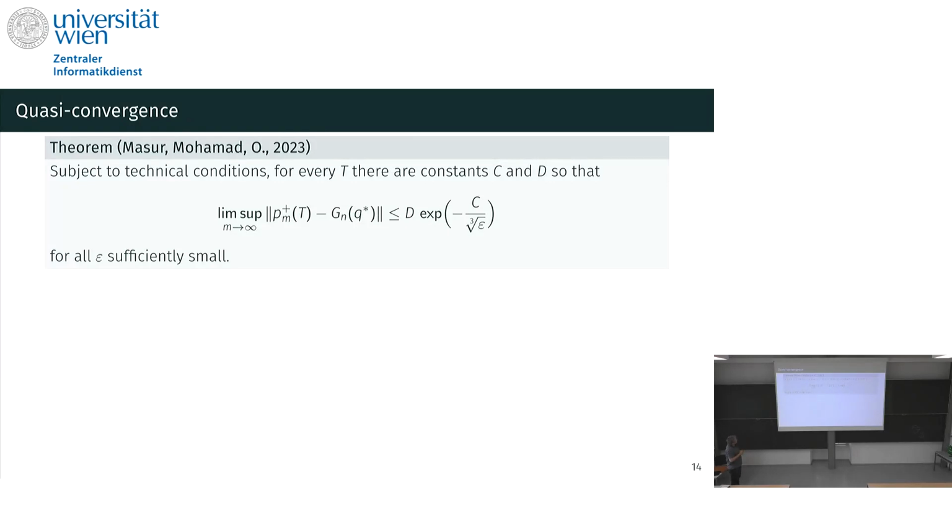Okay, so I'll start with the result on quasi-convergence here. What we can show is that, again, this is the optimally truncated, theoretically available but not practically accessible slow manifold.